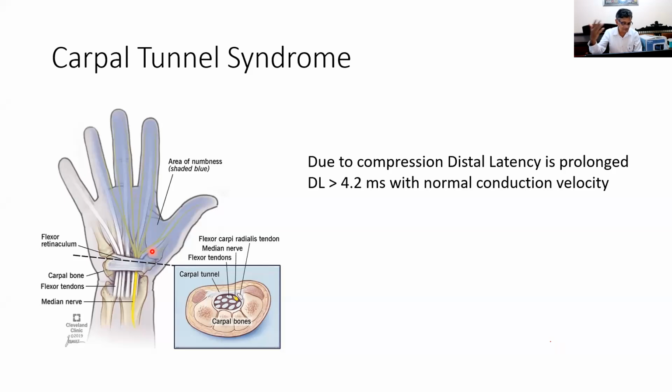If the median nerve distal latency is 4.5 or 6.5, for example, a very large number, we don't have to look at the ulnar nerve. If it is more than 4.2, it is diagnostic, right? So latency difference between ulnar and median nerve is also one thing which is not written here. Or distal latency of more than 4.2 milliseconds with normal conduction velocity.